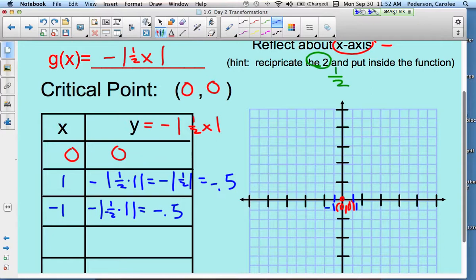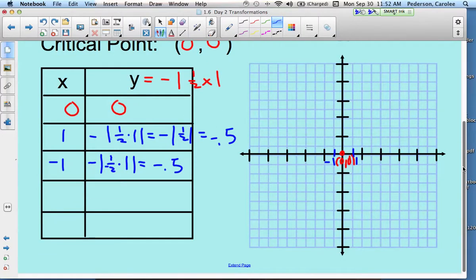So we graph those over 1, down 1/2. And over 1 to the left, down 1/2. Now we'll try one more right and left.